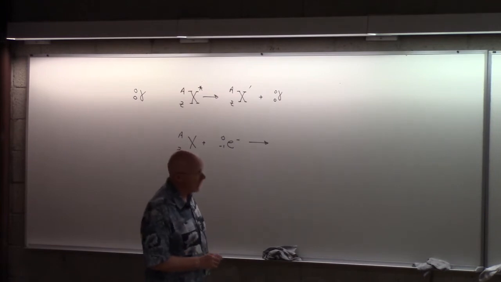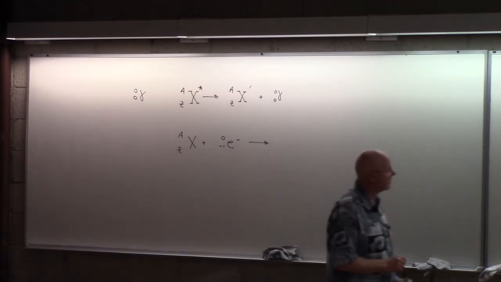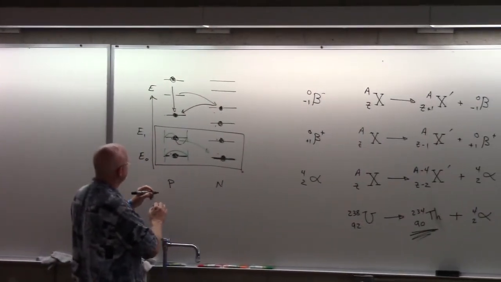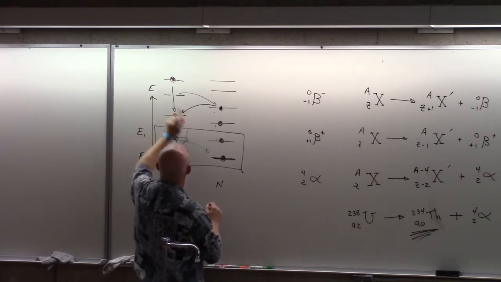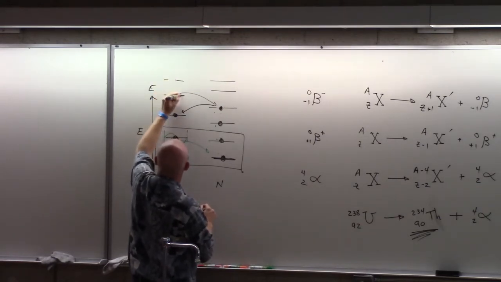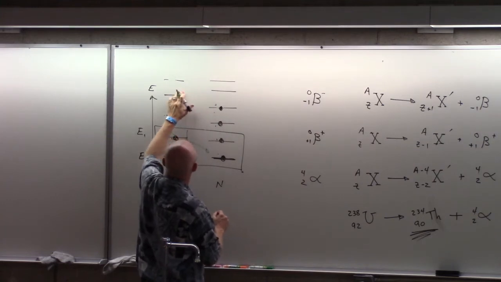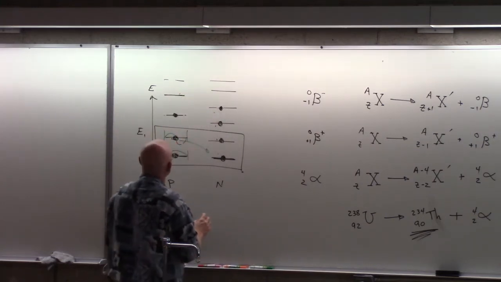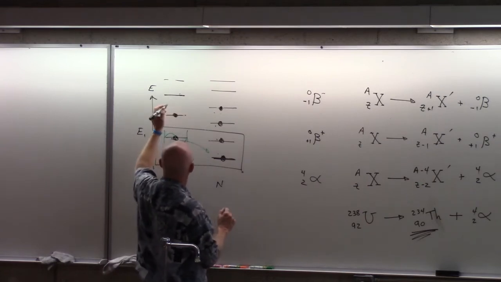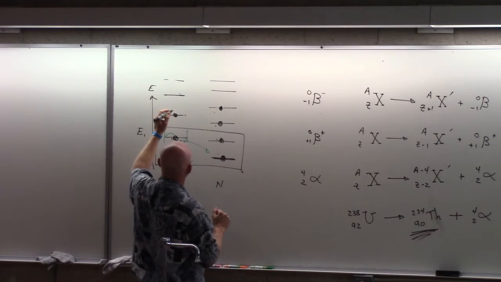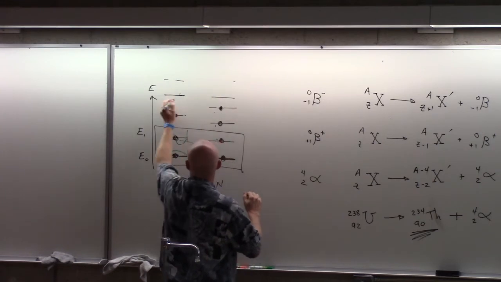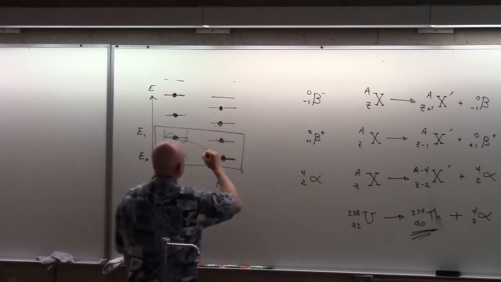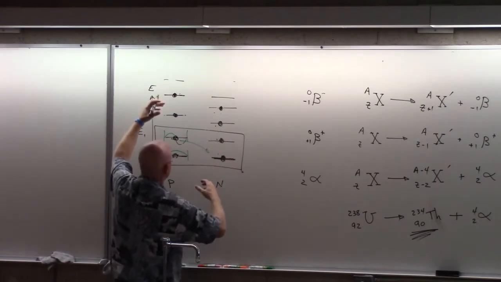Now a good example of this might be, what if I had something like, well, let me put my energy level here together. Maybe I'll make it so that I have a situation where I have a bunch of protons and a bunch of neutrons.